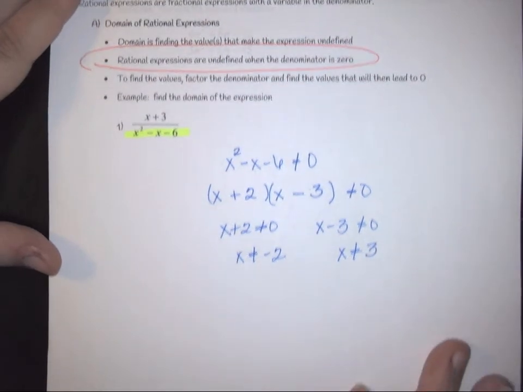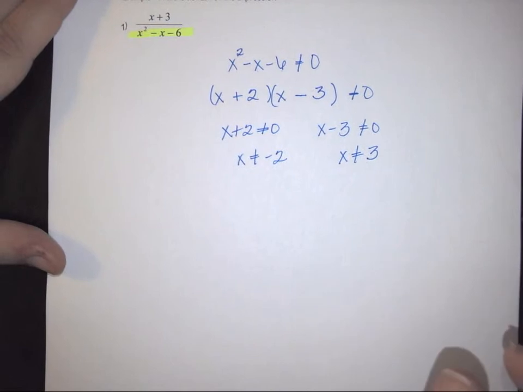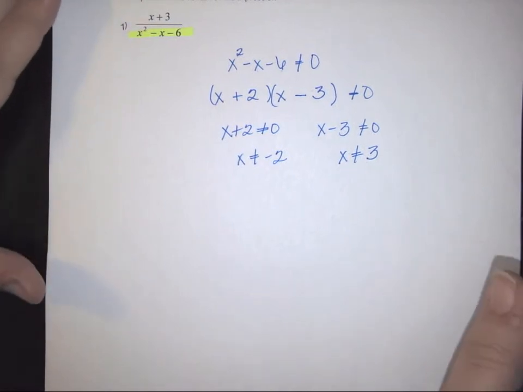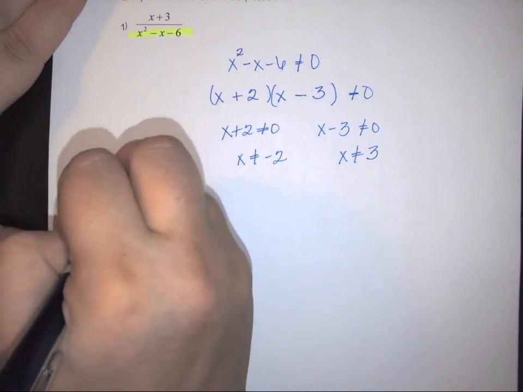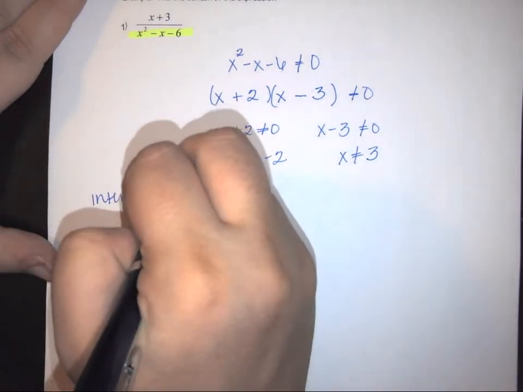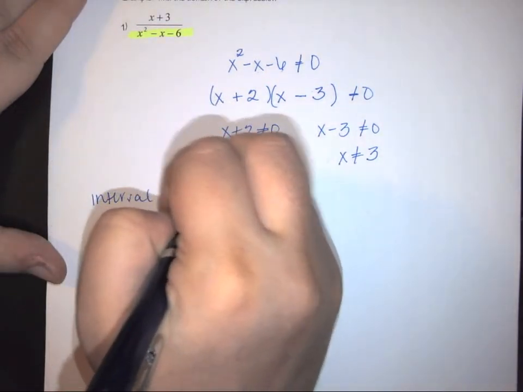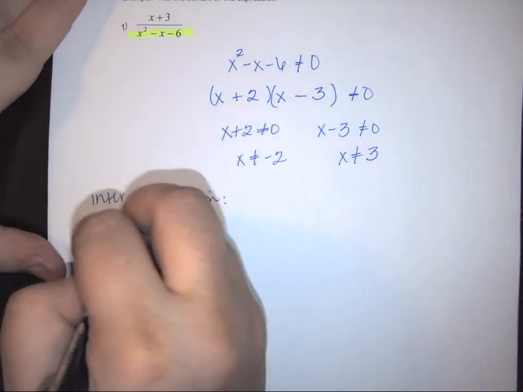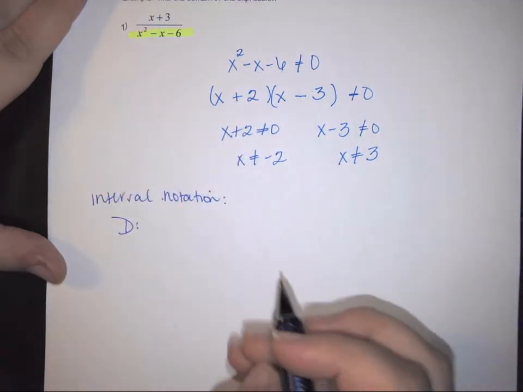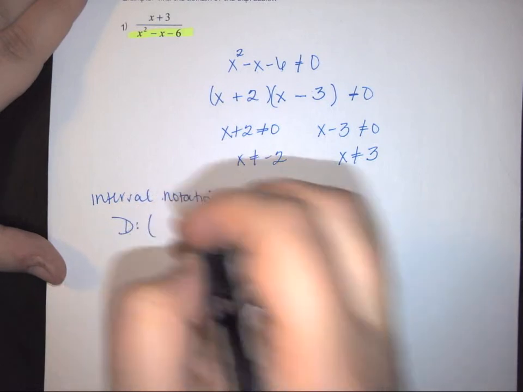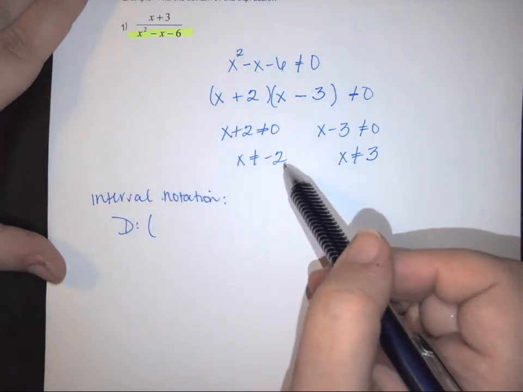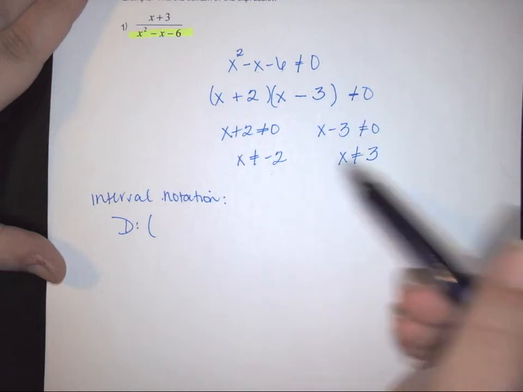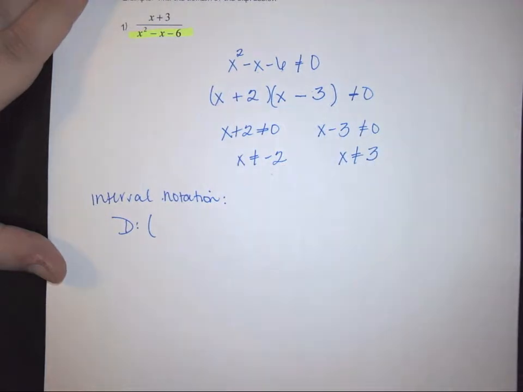So when we're talking about a domain, we have two ways that you can write it. The first way is called interval notation. Interval notation says my domain is going to be from my smallest up to my factor, from my factor to the next factor, and from that factor to the largest.